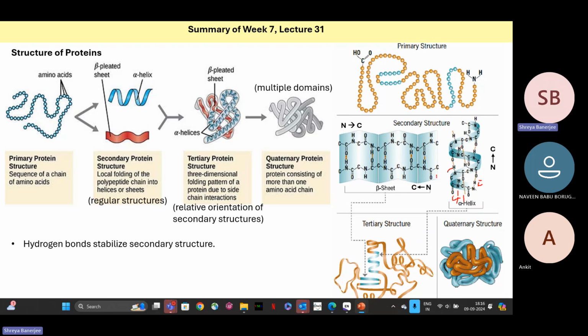This is I+2. This is I+3. And this carbonyl, which is forming the hydrogen bond here, is I+4.